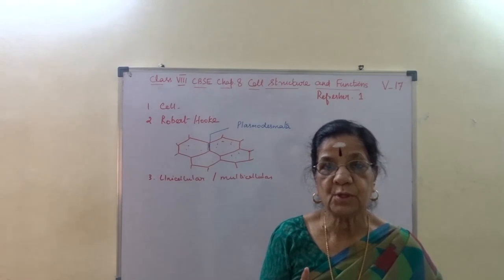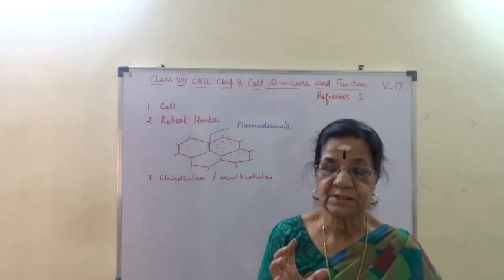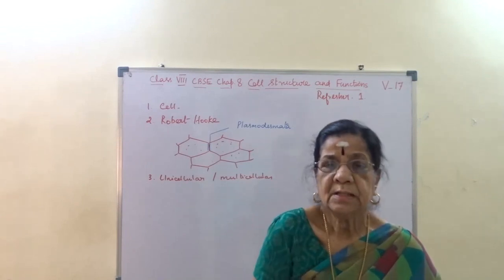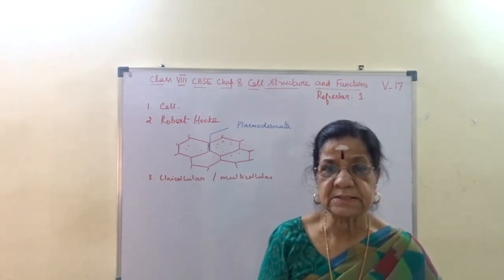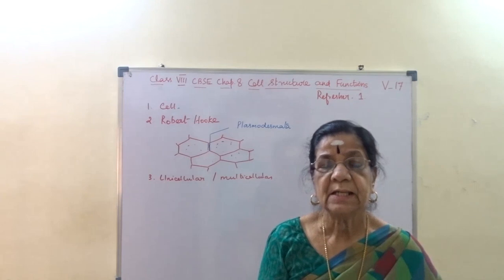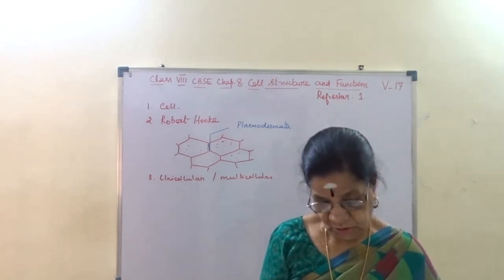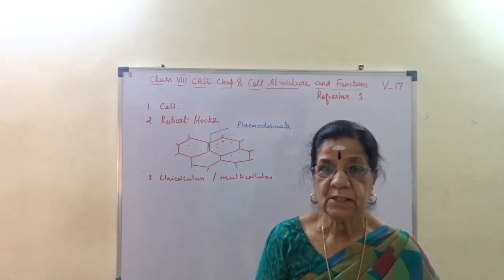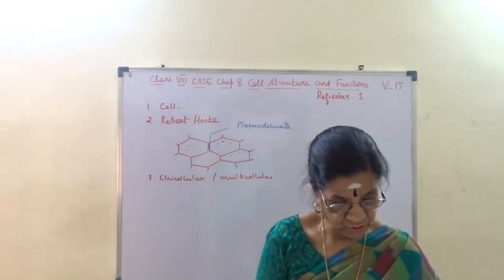Unicellular is formed of a single cell. Within a single cell membrane, the other internal structures are present. All the prokaryotes come under unicellular organisms.